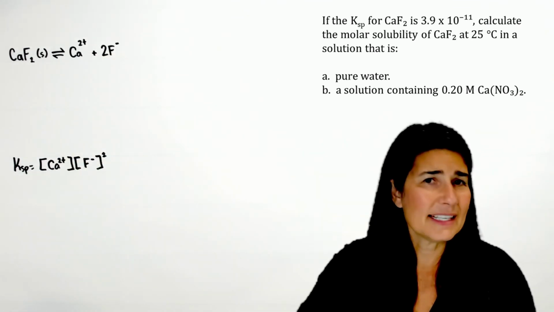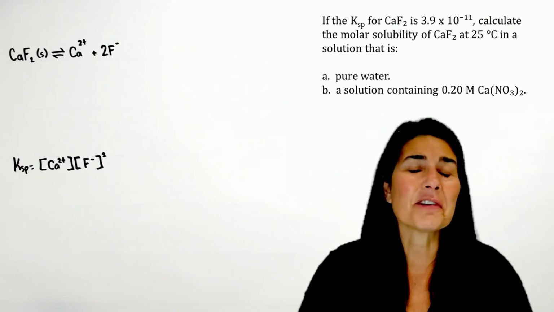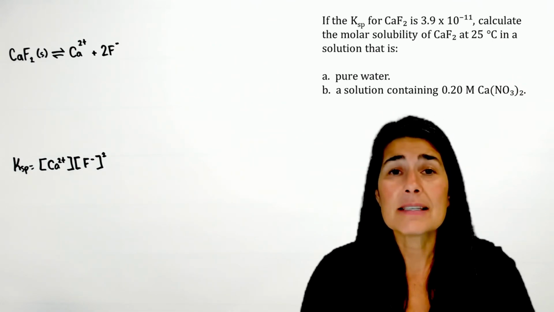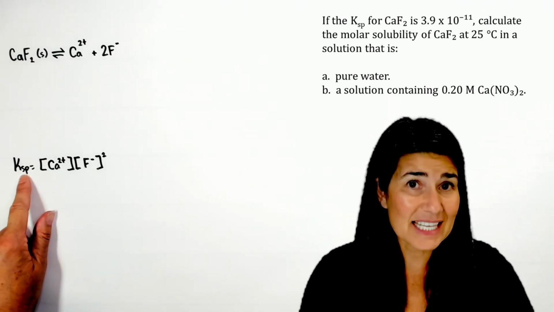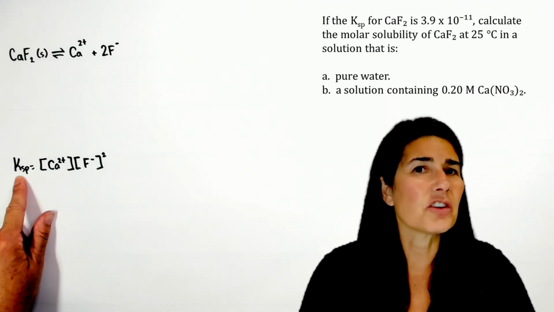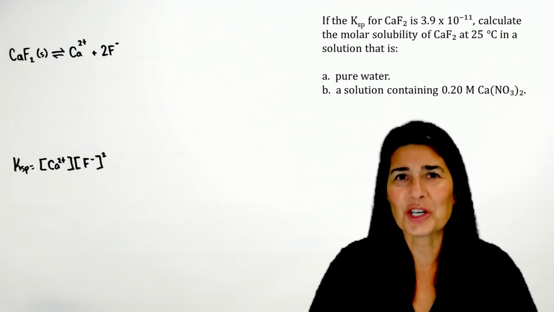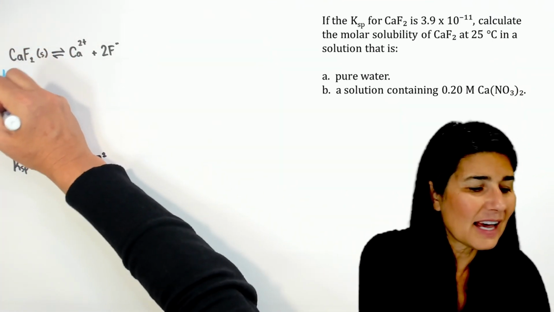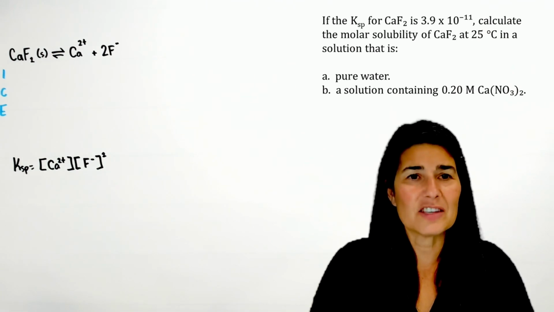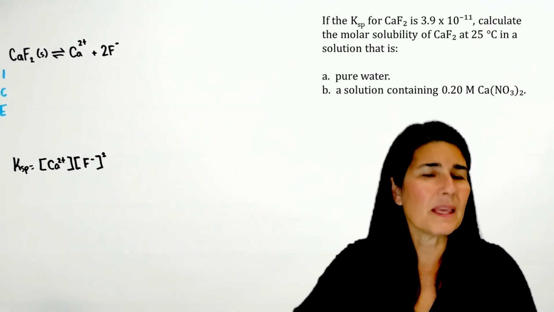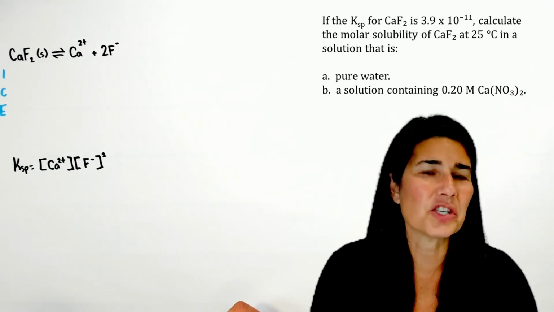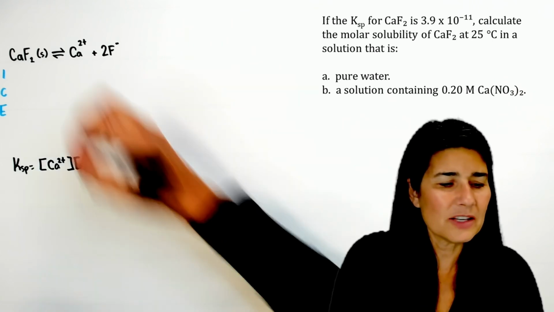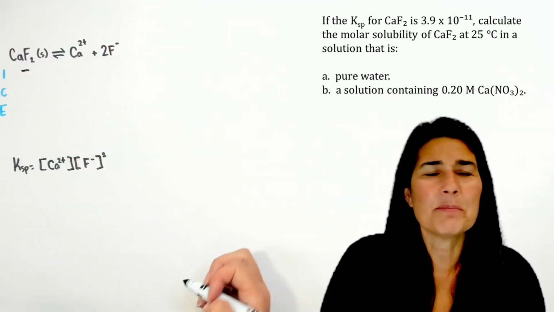Now, anytime we want to solve for molar solubility, they're looking for X. Solubility product, SP, is our KSP. Solubility is the X term in our ICE table. So I know I'm going to need to make an ICE table: initial, change, and equilibrium. Now, in our ICE table for situation A, they give me some solid here. How much? I don't know. It's not important.